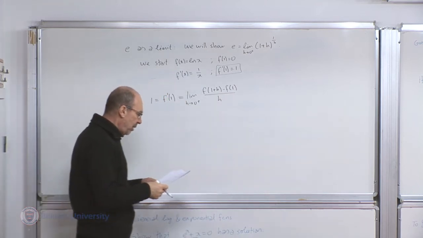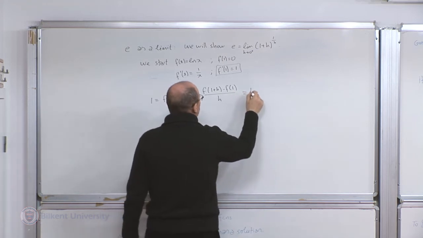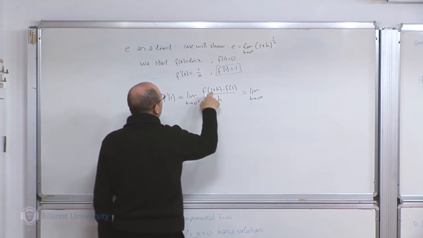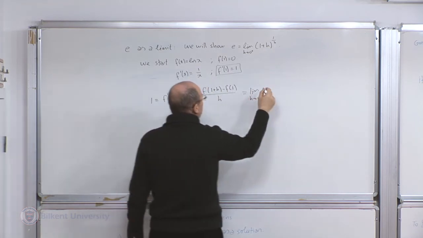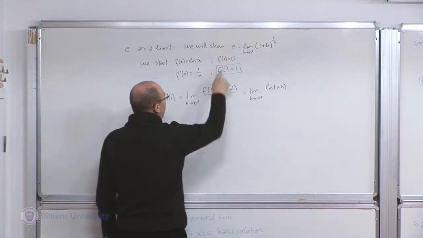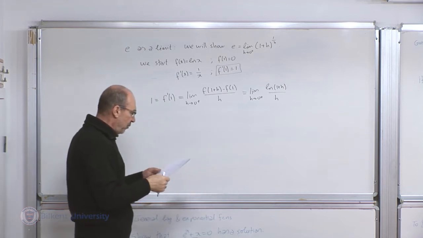So let's see what happens now. Limit as h goes to 0. f of 1 plus h from the definition is ln of 1 plus h. f of 1 is 0, divided by h.